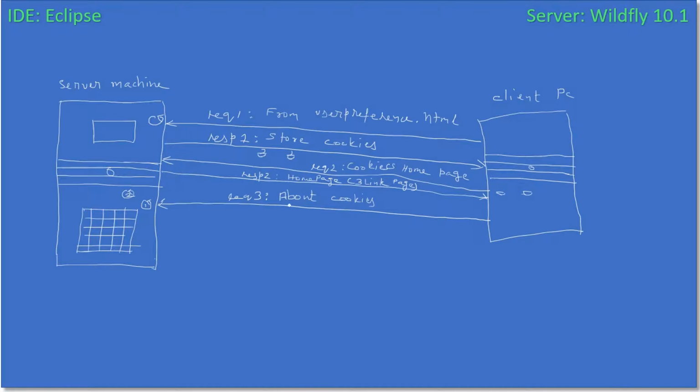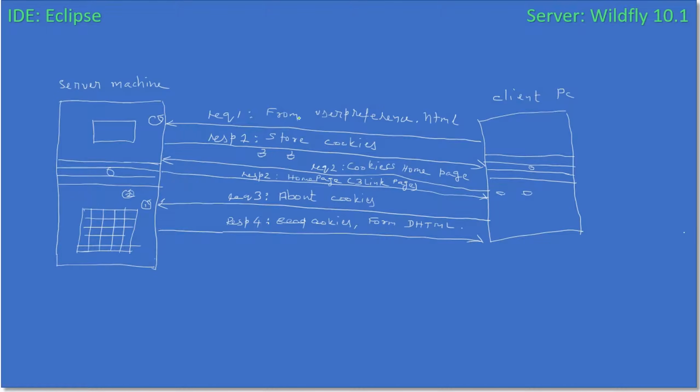In both the servlets, we will read these cookies' information. Then we will respond back by making use of those cookies. That means we will set the font size as well as font color when we are sending the response. So we will read the cookies, and based on those cookies, we will form the dynamic HTML.